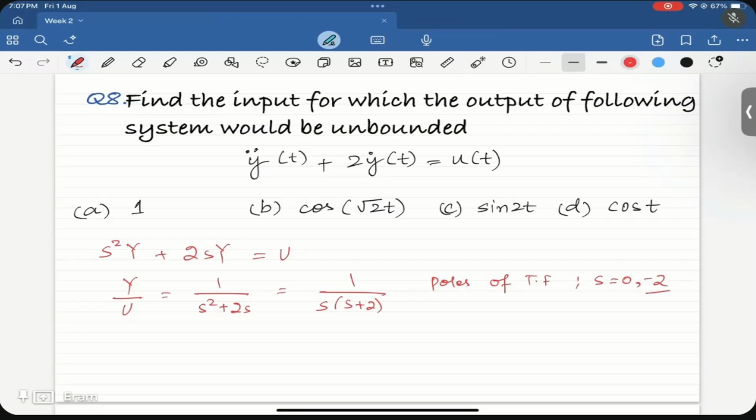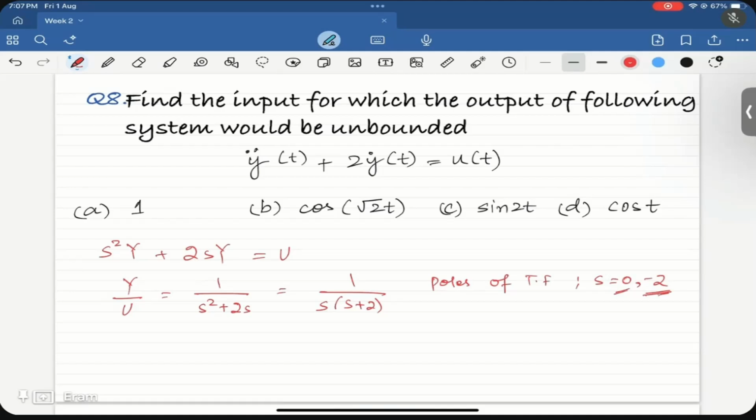So one pole we have on the left half plane. If we repeat the pole on the left half plane, will it drive me towards stability or instability? Stability. So there is no need to repeat the pole at -2. It will make the system more stable, right? And what if I repeat the pole at the origin? The system will go unstable.